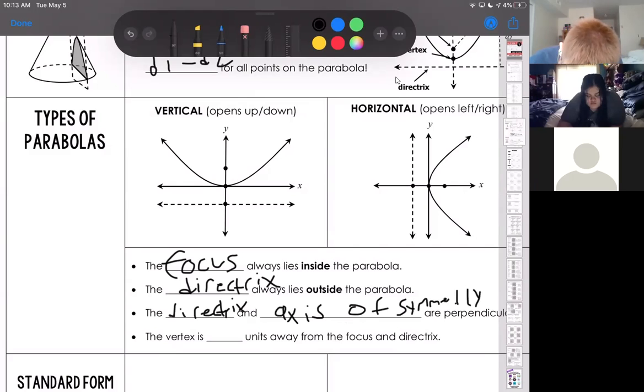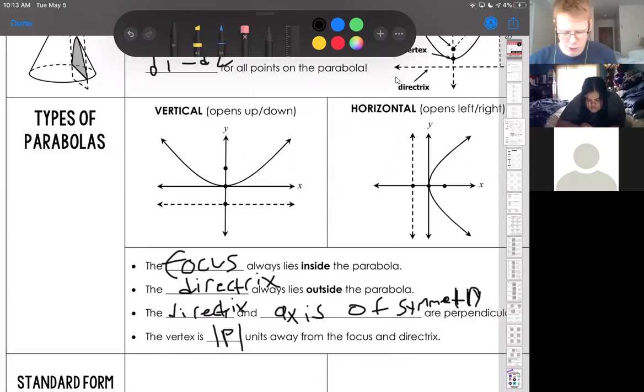That's really sloppy. Symmetry. And the vertex is always the absolute value of p units away from the focus and directrix, because you can always have a positive distance. That's why it's the absolute value, in case you have a negative p.